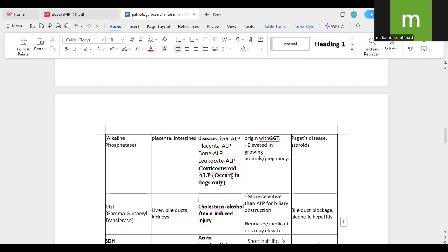This last, corticosteroid ALP, occurs only in dogs. Elevated in growing animals and pregnancy. Paget disease is basically abnormal growth of the bones. Or when we give steroids, you can see the elevation of the ALP.